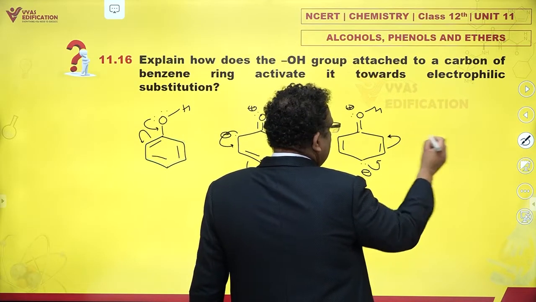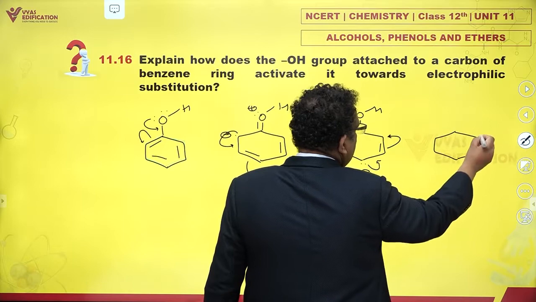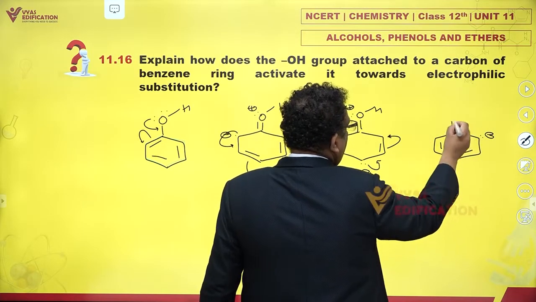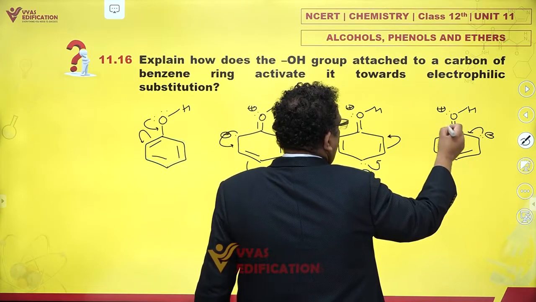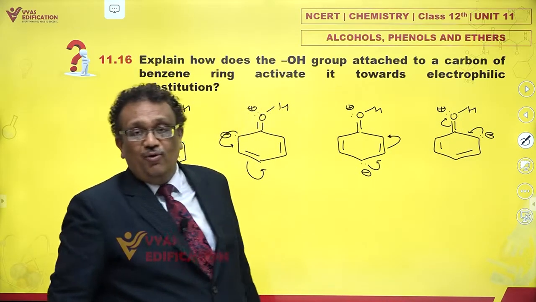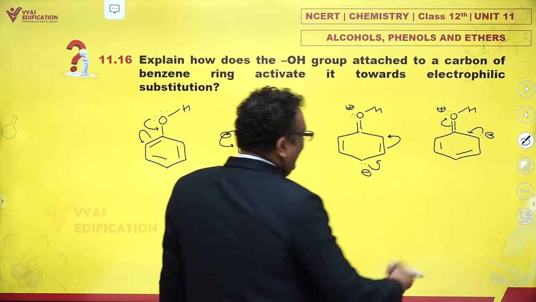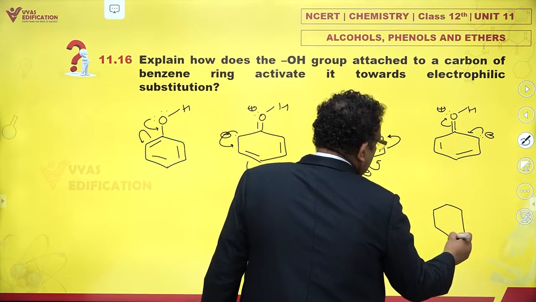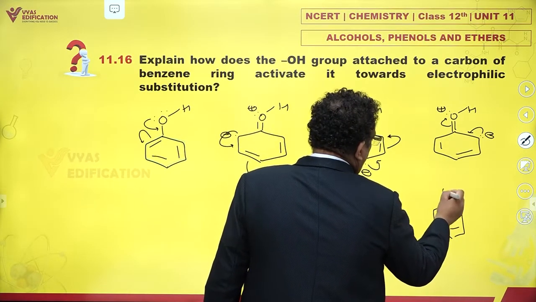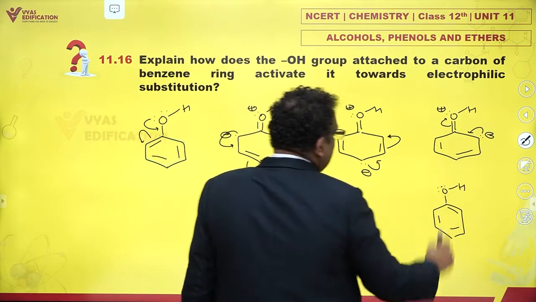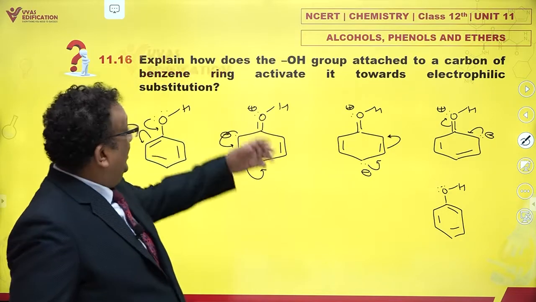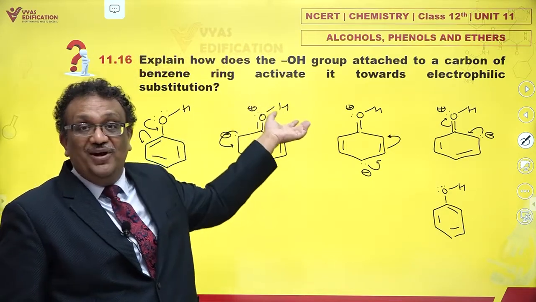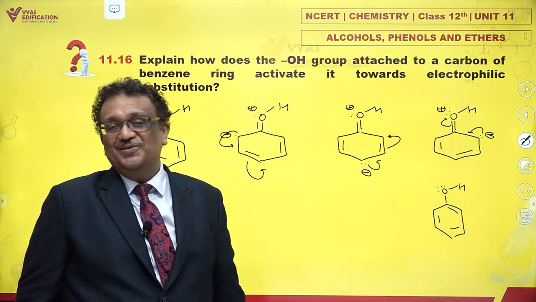And as it moves within the benzene ring, please note that the benzene ring has no option but to get more electron rich. Obviously, it is getting electrons from OH. So the lone pair from the OH group gets donated to the benzene ring, thereby making it more electron rich and activating it towards electrophilic aromatic substitution.